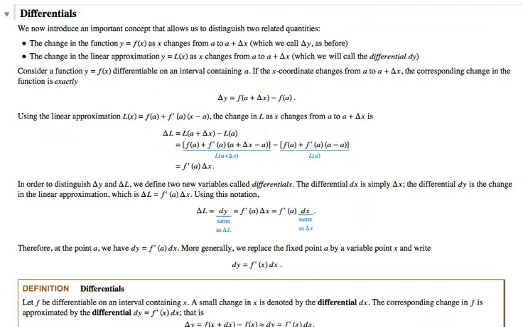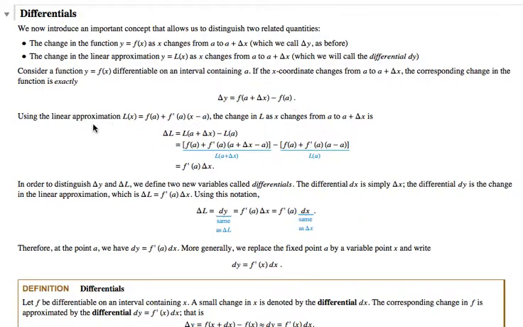So we've talked about delta x and delta y. The change in the linear approximation we call the differential, or dy. So if we consider a function which is differentiable on an interval containing some point a, if the x-coordinate changes from a to a plus delta x, the corresponding change in the function is exactly going to be f of a plus delta x, minus f of a.